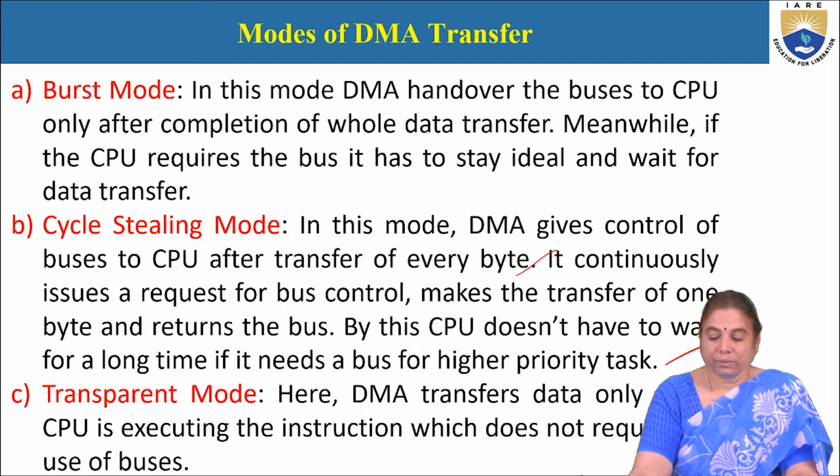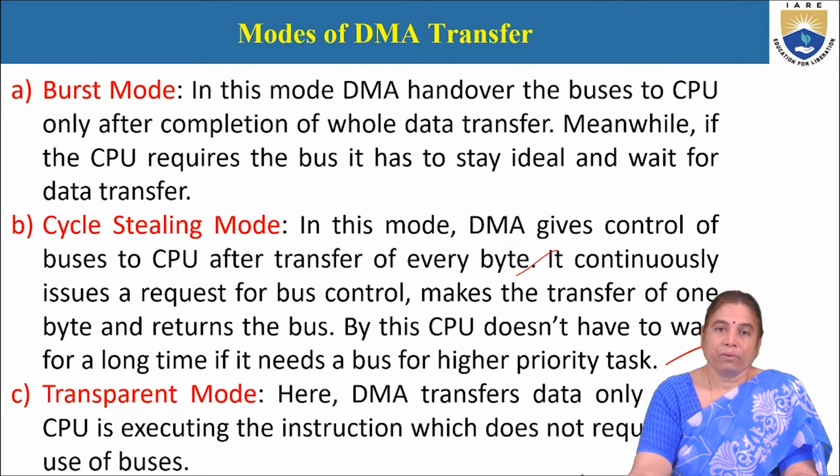Here DMA transfers data only when the CPU is executing an instruction which does not require the use of buses. So the CPU idle time can be used efficiently in case of transparent mode. Whenever the CPU is idle, then only the DMA can take control of the buses and be involved in the data transfer.